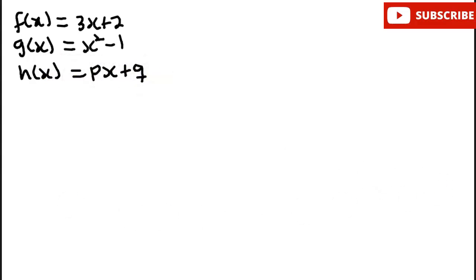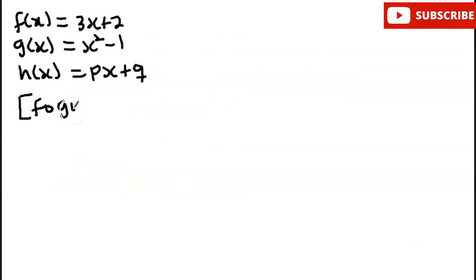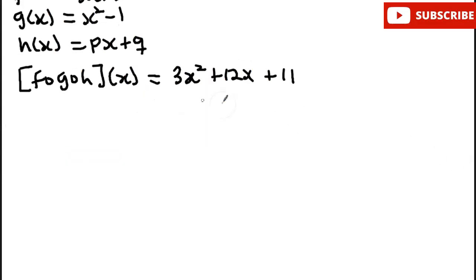Now we have to find the values of p and q, if f of g of h of x is equal to 3x squared plus 12x plus 11. Now, these are three functions. It's the same thing. So we work from behind.